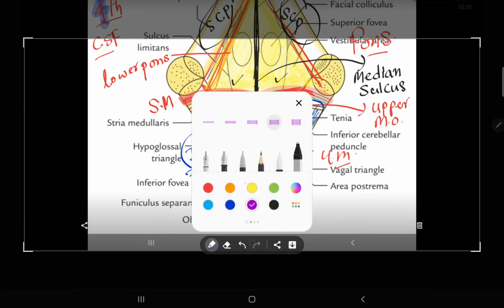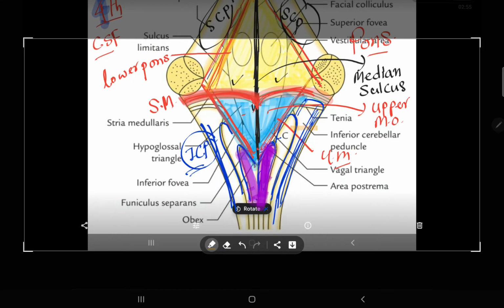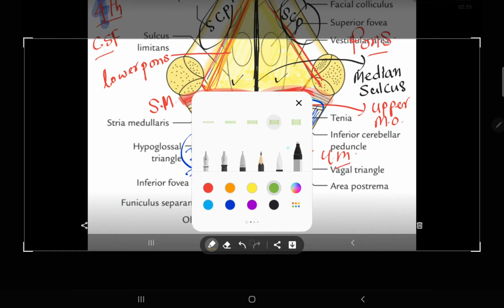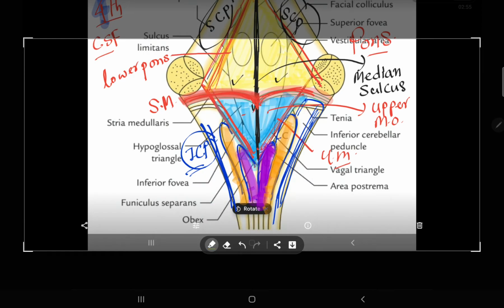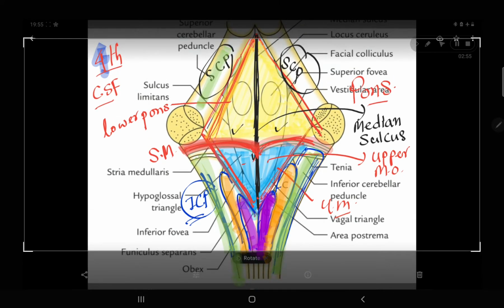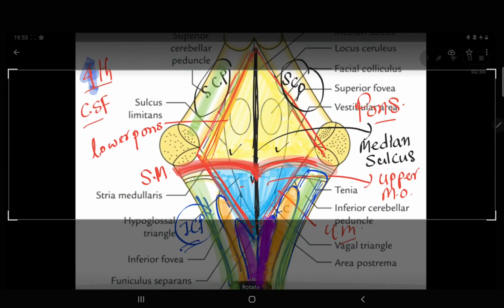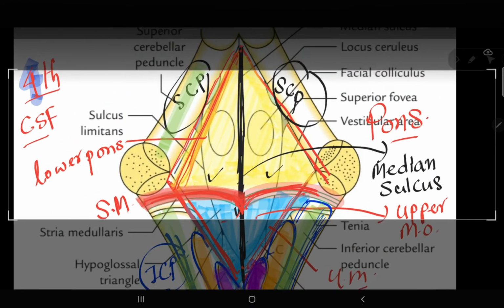Lateral to this gracilis tubercle you can see the cuneate tubercle. And lateral to this cuneate tubercle you can see one other peduncle, nothing but the inferior cerebellar peduncle, which attaches the cerebellum inferiorly with the brainstem. All these are your inferolateral boundary, and the superior cerebellar peduncle is your superolateral boundary.